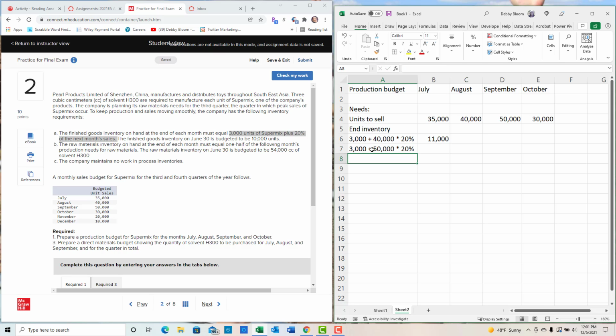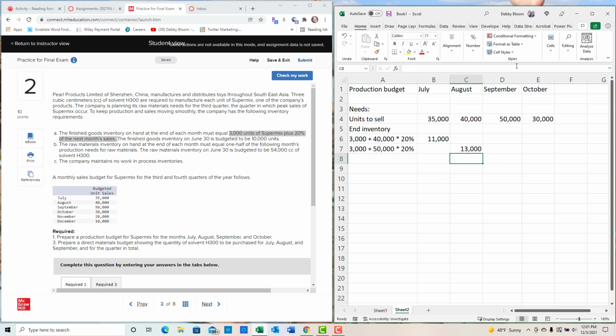Once again, because that's what's highlighted on the left, 3,000 units of Super Mix plus 20% of the next month's sales. So 3,000 plus 50,000 multiplied by 20%. Never put commas in your formulas.